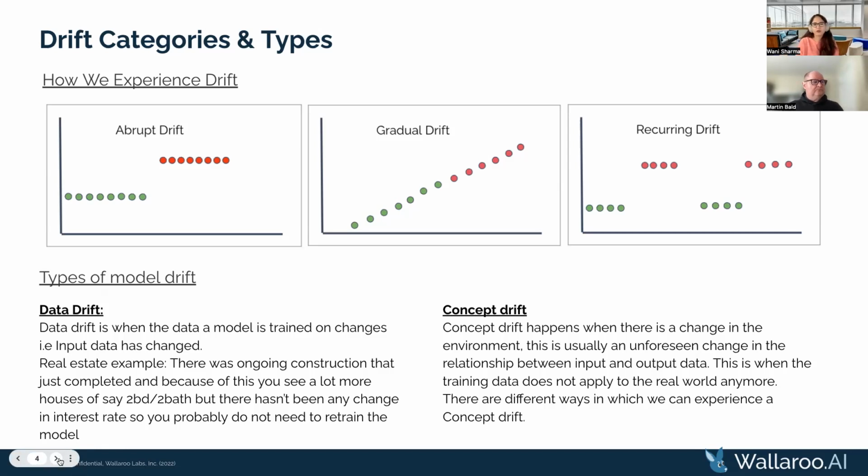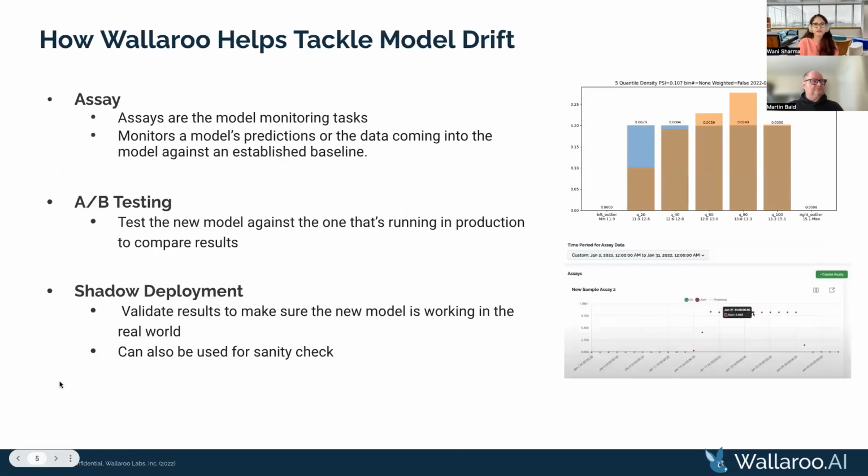Let's talk about what Wallaroo's solution is for model monitoring, drift detection, and what are some of the next steps that you can take when you observe this. So at Wallaroo, we have created model monitoring tasks called assays as a part of Wallaroo Suite. Now, assays help you monitor how the environment that your model operates within changes in ways that affect the model's outcome.